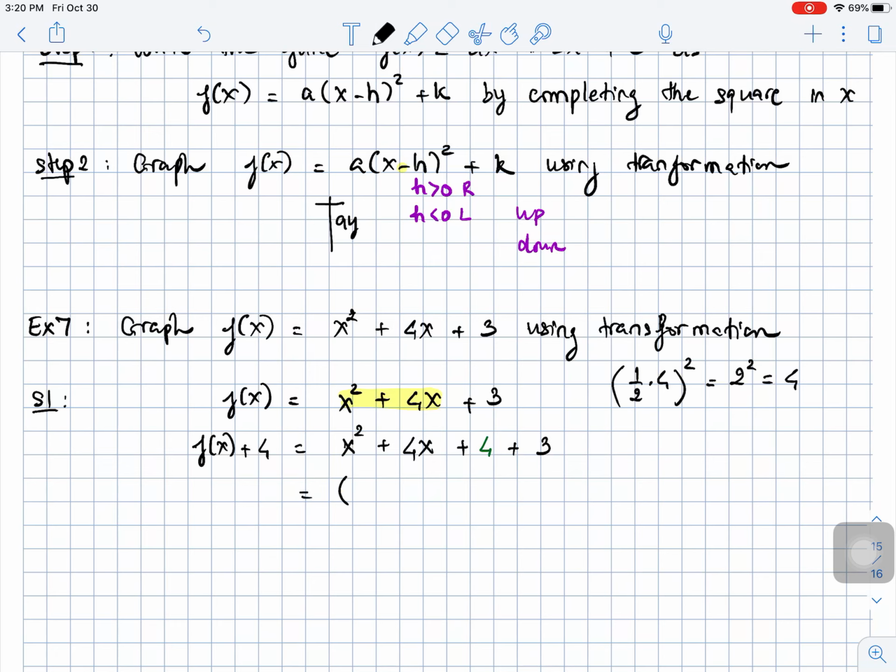So 1/2 of 4 is 2, and when we square the 2, we got the answer is 4. So we will add extra number 4, but we notice that we have the equal sign, then we need to add 4 for the other side also.